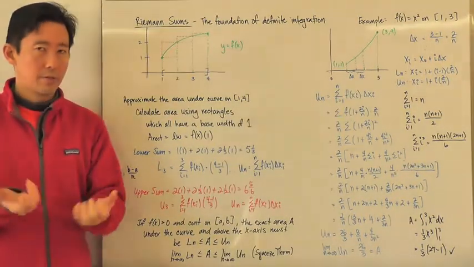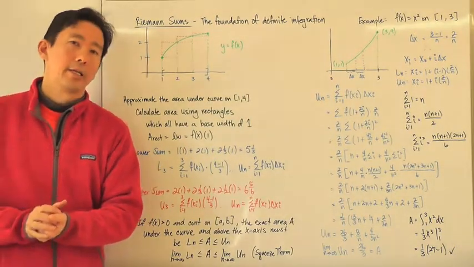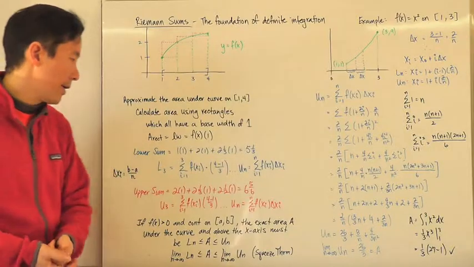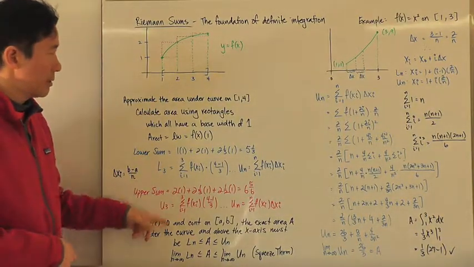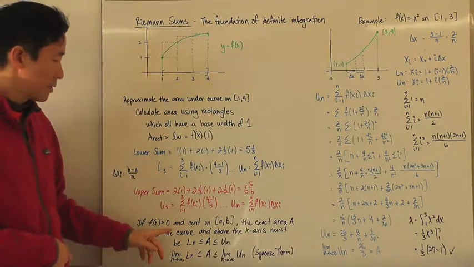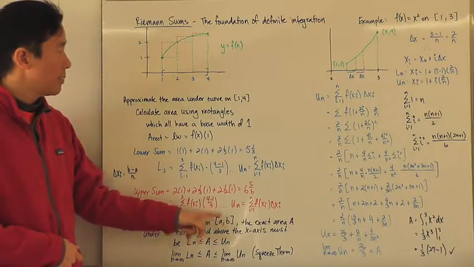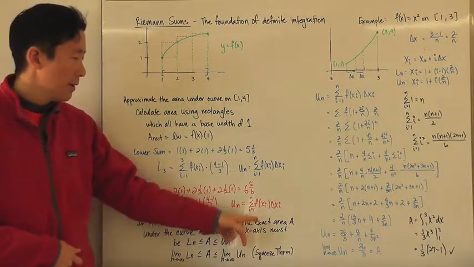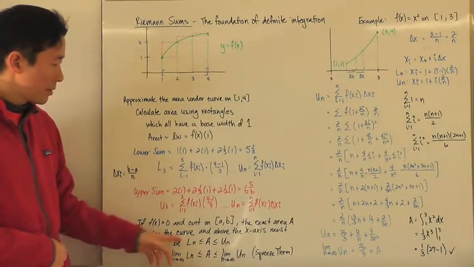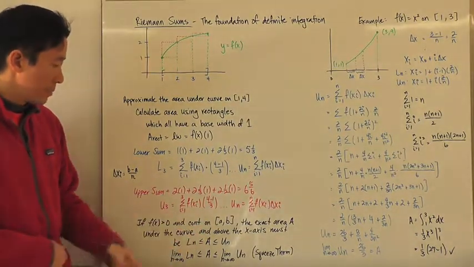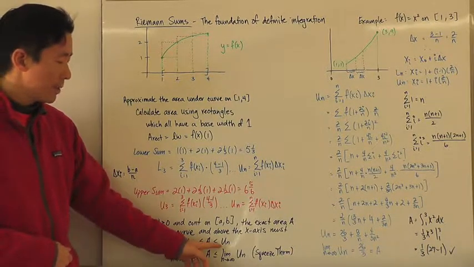Now, the thing we wanted to do, of course, is make sure that we can come up with the exact area, not an approximation, but the exact area. How do we do that? If f of x is greater than or equal to 0, in other words a non-negative function, and continuous on the closed interval a to b, such as in this situation, the exact area, let's call that capital A, under the curve and above the x-axis must be between the lower sum and the upper sum.